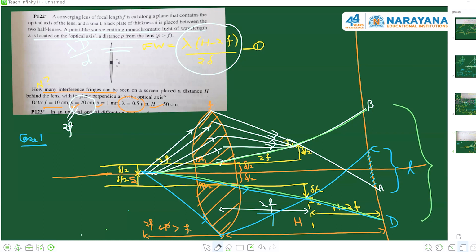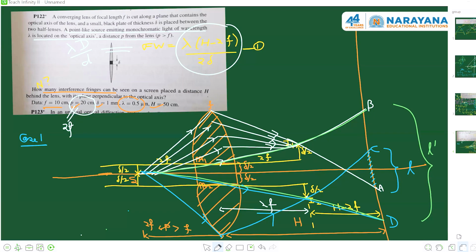And it is also possible that the second, this blue one which I have shown as C, lies above the point B. So symmetrically what may happen is, this ray will lie below point D. And then obviously BD will be the common section. So I am calling that L prime.